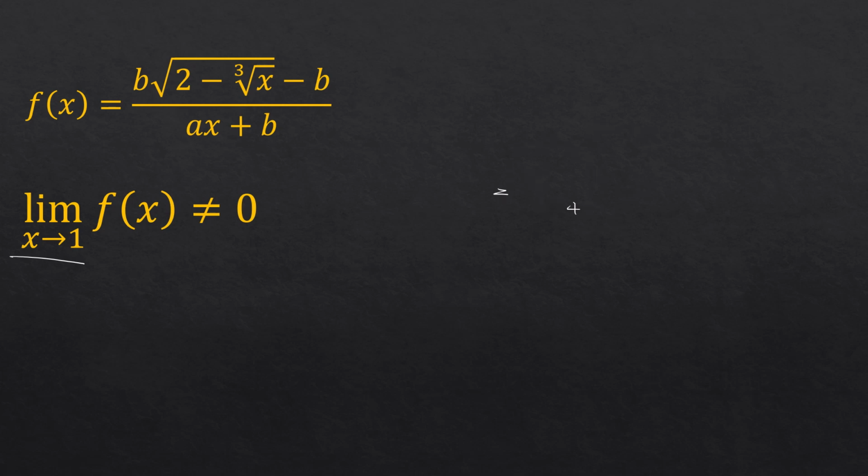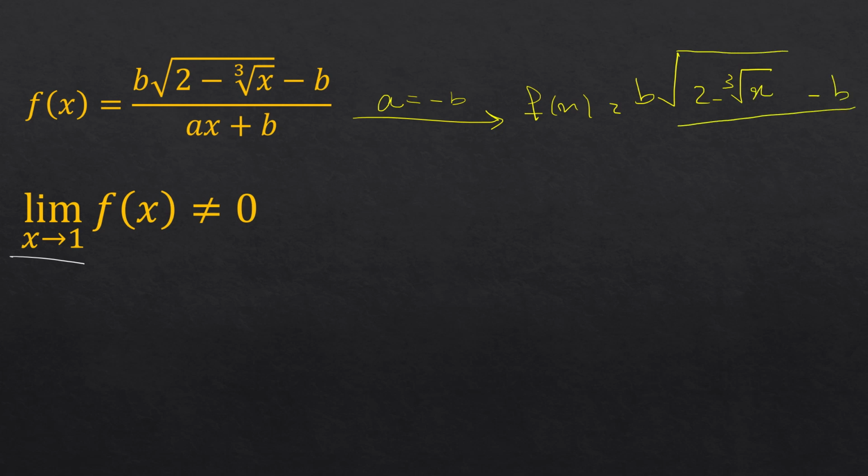Okay, so knowing that a equals minus b, then I can say f of x equals b times 2 minus third root of x, minus b over minus b times x plus b.